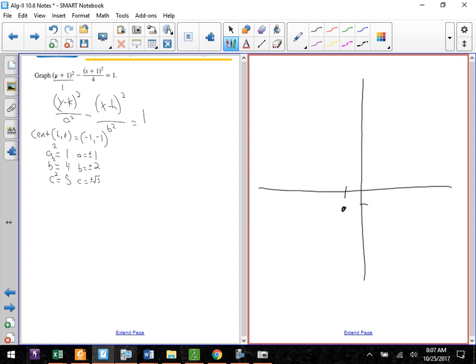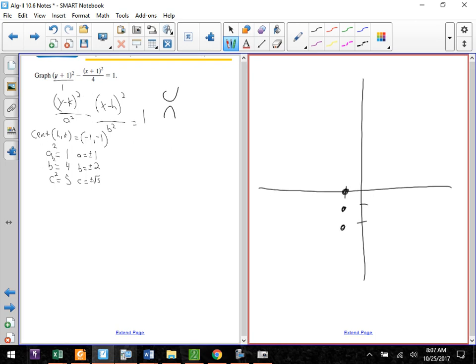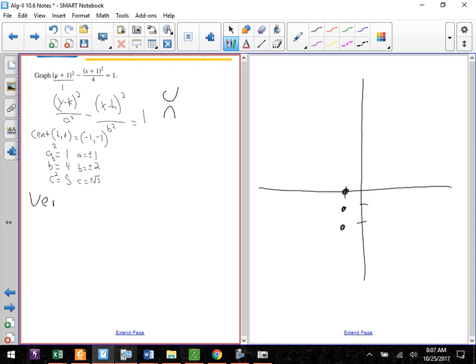It's up and down. So I have to move up and down 1, that's my a value. So that tells me right away that my vertices are at -1, 0 and -1, -2.